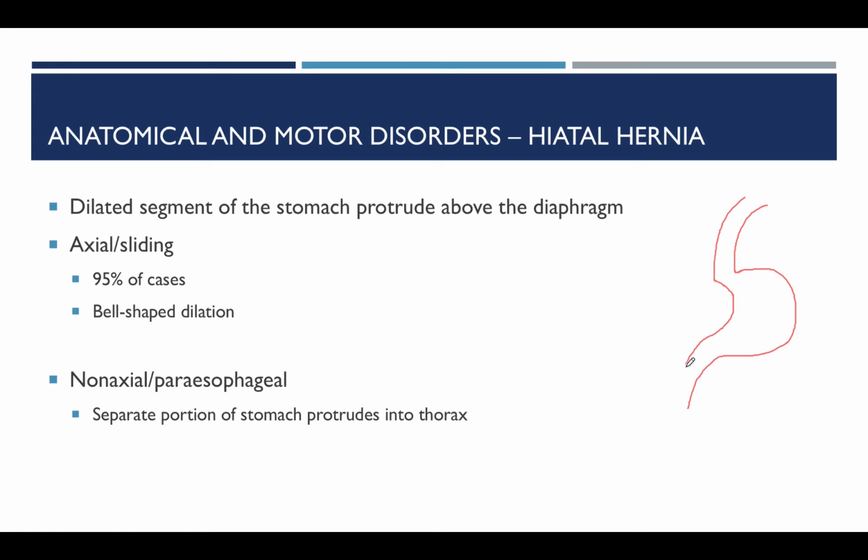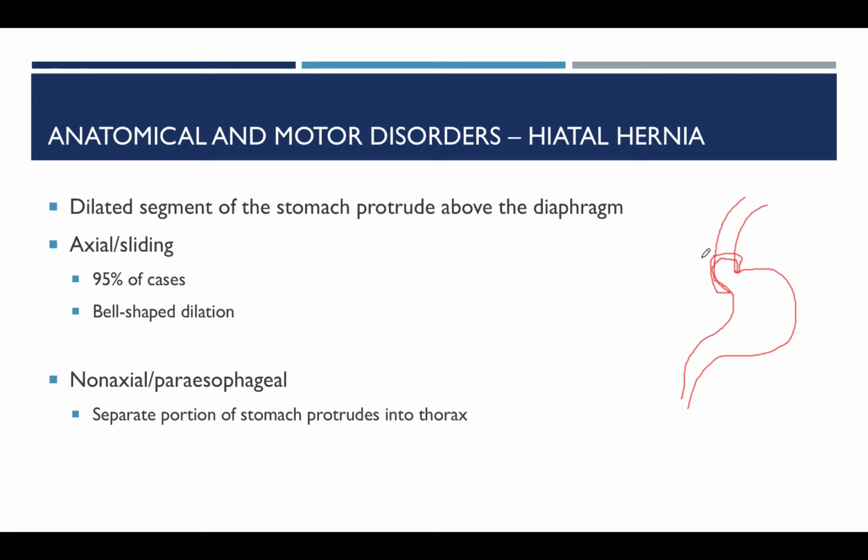So, okay, not bad. So this is the stomach. So in terms of axial or sliding hernia, basically the stomach mucosa slides upward into the esophagus, which is what causes the bell-shaped dilation. So you have it here.